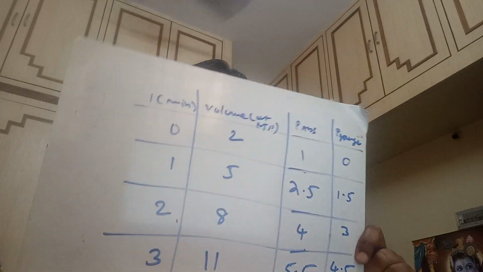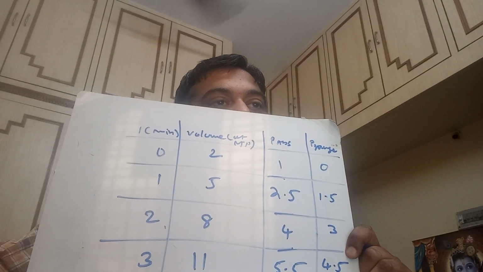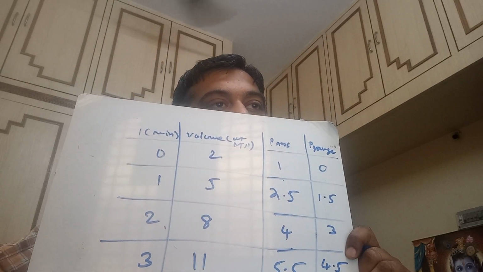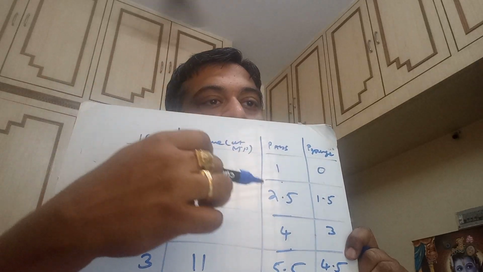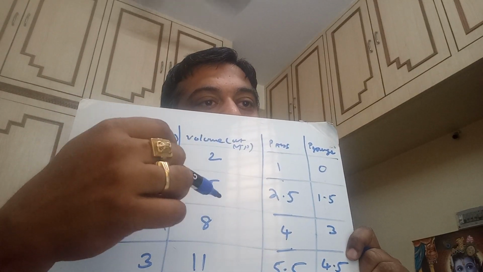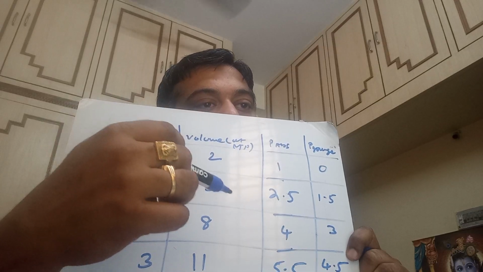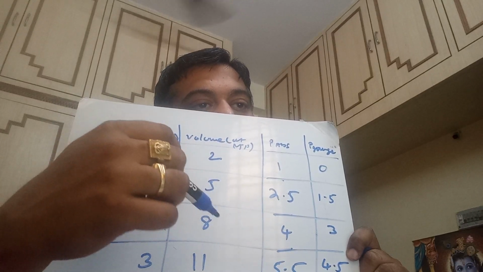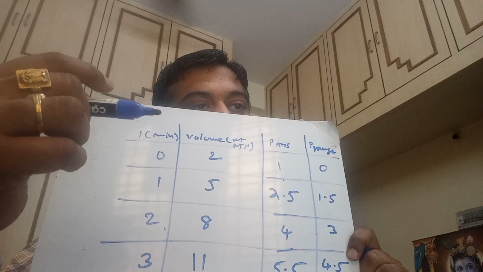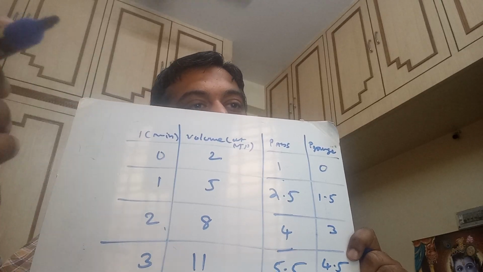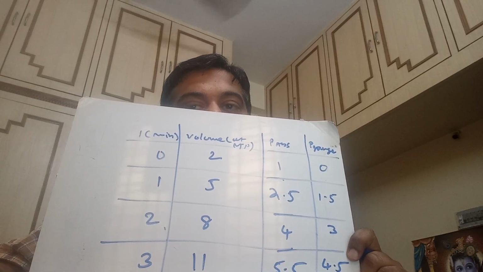That is how Boyle's law is used. PV is equal to constant. If you take 1 into 2, that is 2; 2.5 into 5; 4 into 8; 11 into 5.5. So at each time PV is equal to constant.